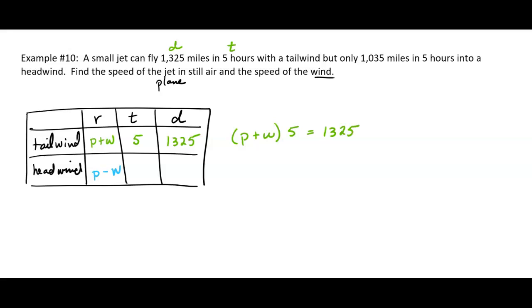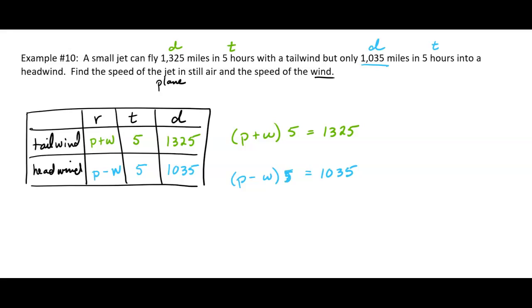Now let's go to the other case. It can only fly 1,035 miles, the distance, in the same time, 5 hours, into a headwind. So the equation is P minus W times 5 equals 1,035.